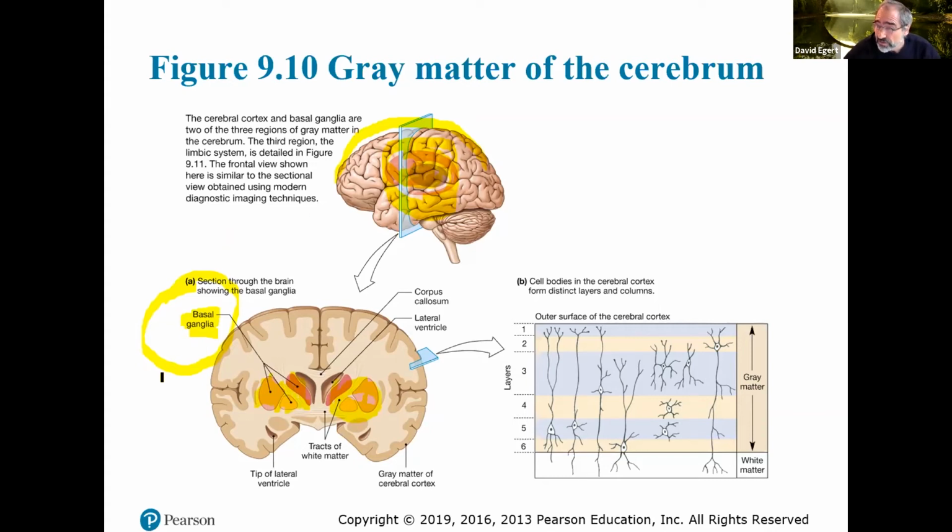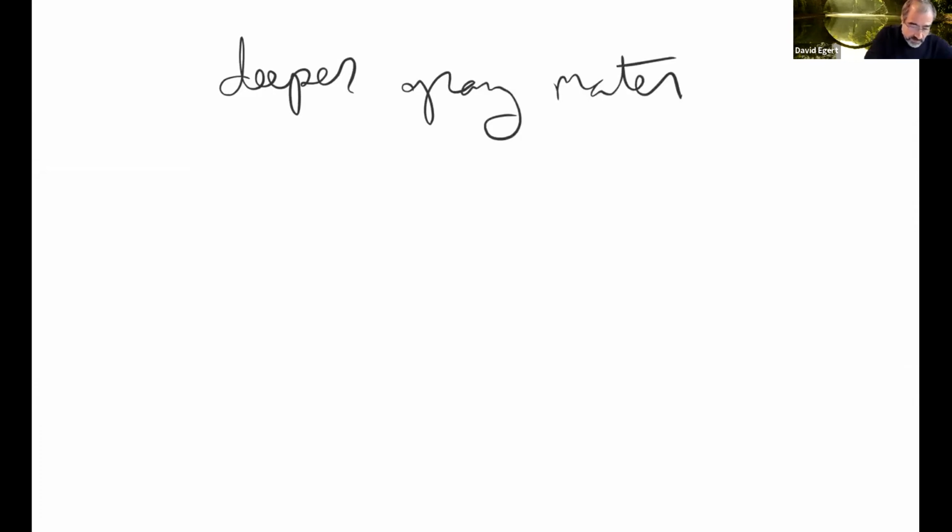So kind of bad terminology for our current use of the word, but it's been used for a long time. Just giving you a sense, what we're talking about now is this gray matter down deeper in there. Sometimes they call it the basal nuclei.